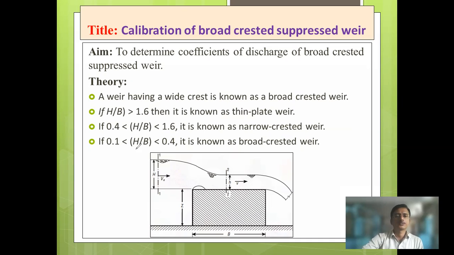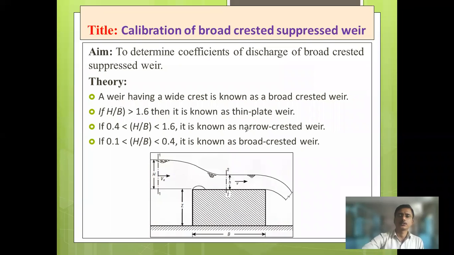And if the H by B ratio is greater than 0.1 but smaller than 0.4, it means the H value has reduced and the B value has increased. That is, B has become greater than the height H. So that is called the broad-crested weir.